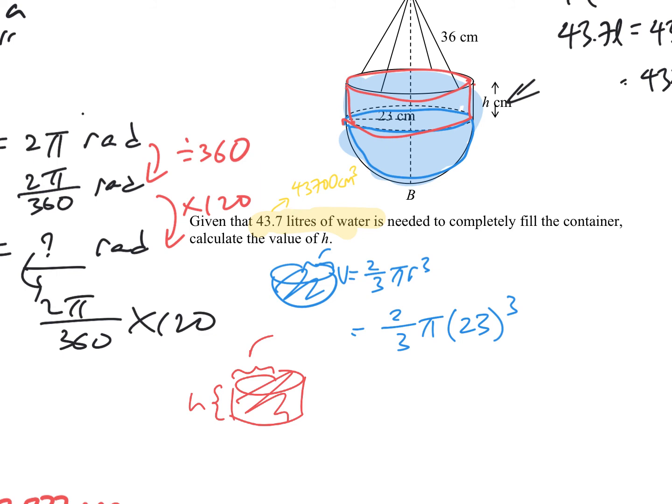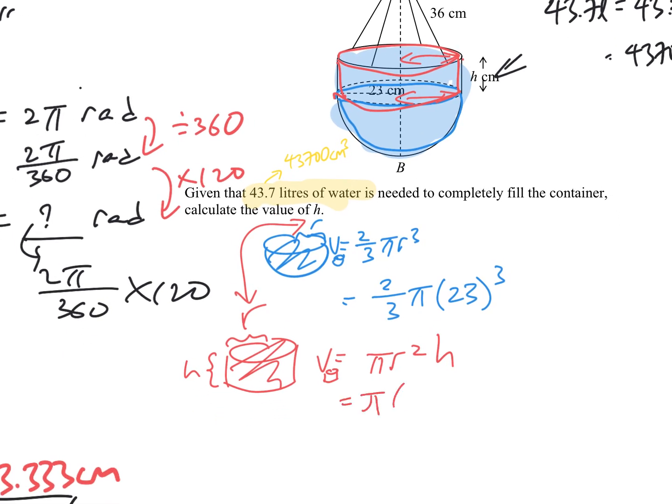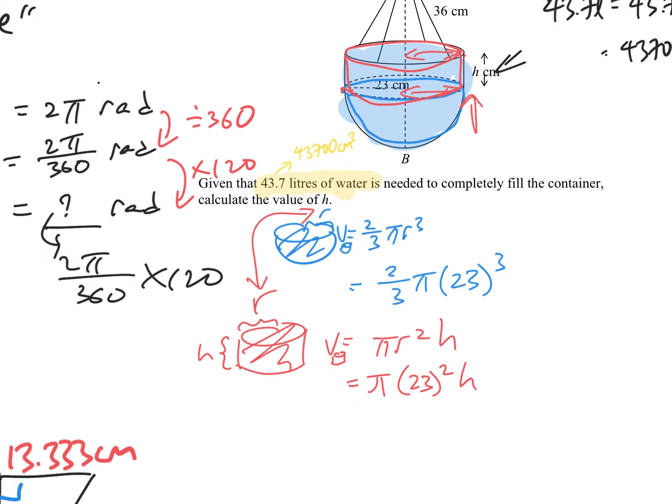And you can see that these two r's are the same, right? From this diagram, they are the same. And so let's call this volume of hemisphere, and this one's volume of the cylinder. And this is equal to pi r square h, or let's substitute it in, pi r square. Do we know what h is? We don't know what h is, but we're trying to solve for it.